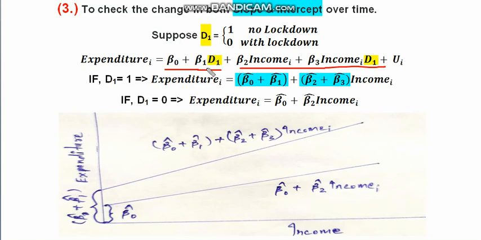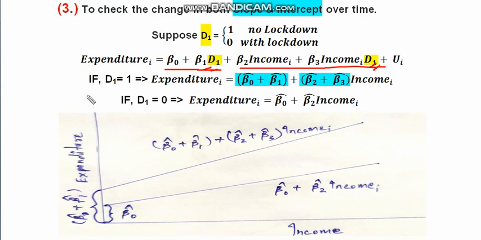Here we have included dummy variable 1 for the intercept term, and this dummy variable d for the other independent variable, to see whether our expenditure is being affected by these two different attributes on the intercept as well as the slope or not.